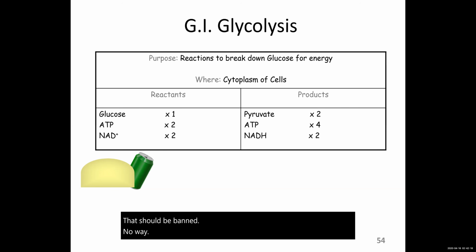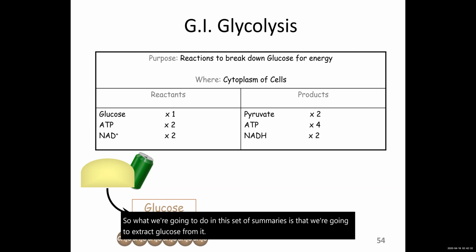Virtually everything we consume, as long as it has sugars in it, is full of carbohydrates, and in particular glucose. So what we're going to do in this set of summaries is extract glucose from it, which happens to be a carbohydrate that is composed of 6 carbons.